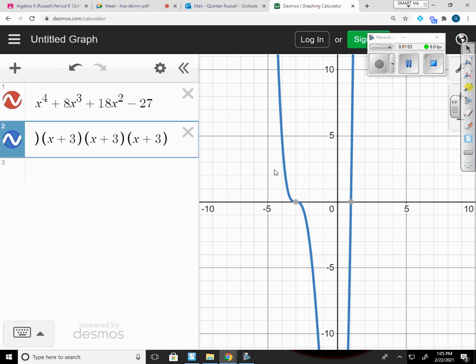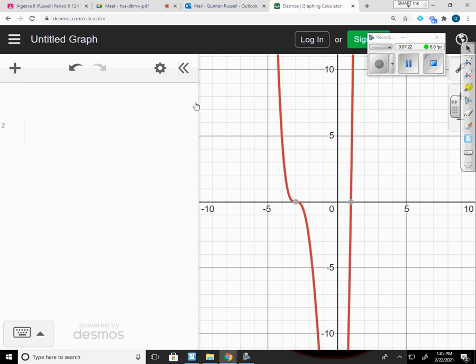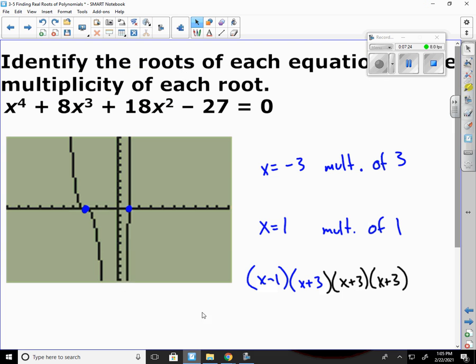You'll see that my new graph completely overlaps the old one, which shows that they are a perfect match. So these two are the exact same function. So it's a good way to check your multiplicity. If I thought it was a multiplicity of 2, you'll notice how my function changes. So again, good way to check. Shouldn't get any wrong on this part of the assignment.